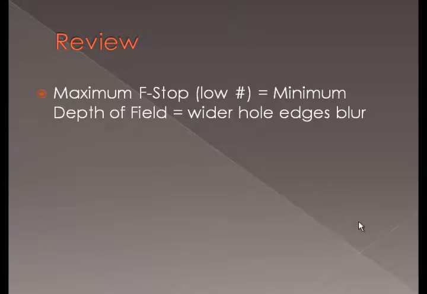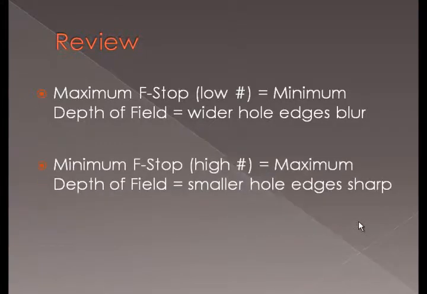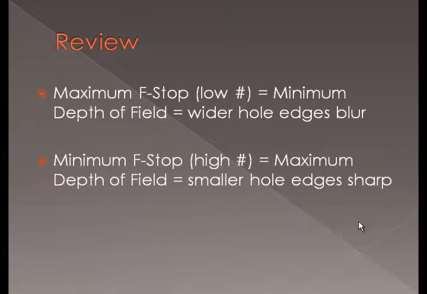So the wider hole edges blur. Minimum depth of field, maximum. So there's a whole lot of opposites in there. Here we go again. Minimum f-stop with a high number equals the maximum depth of field, or a smaller hole, edges are sharp.